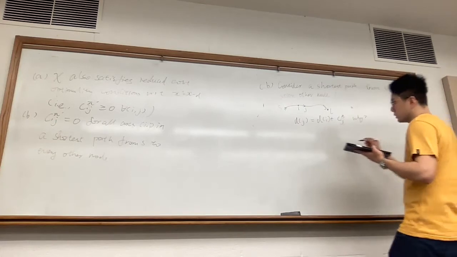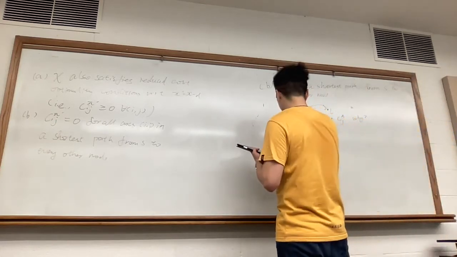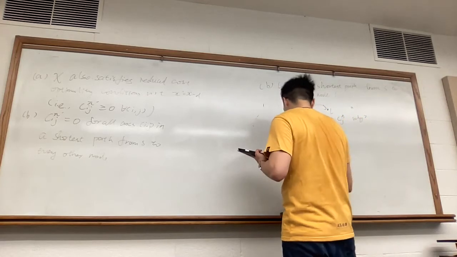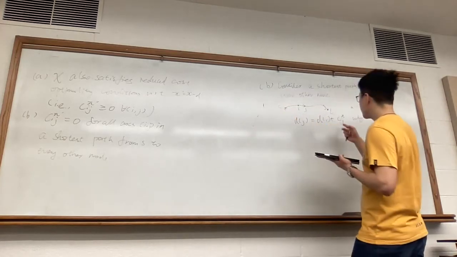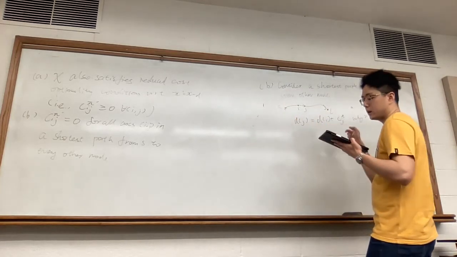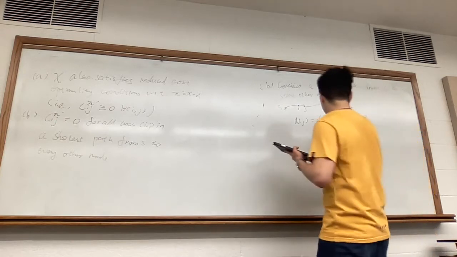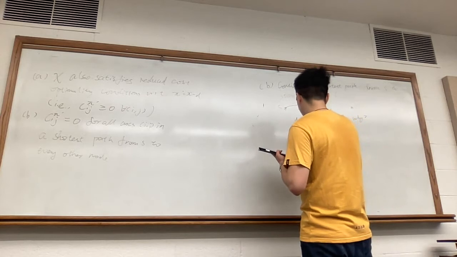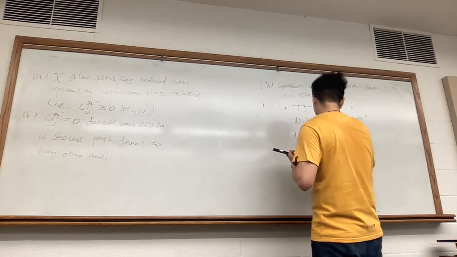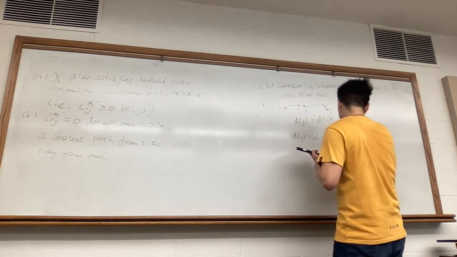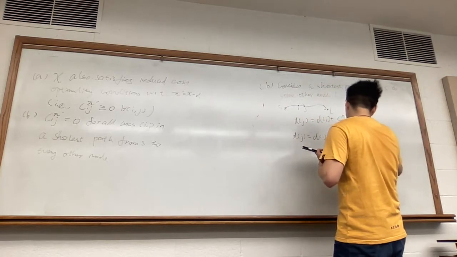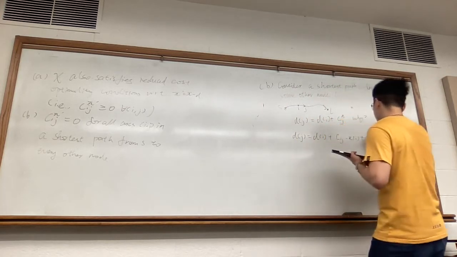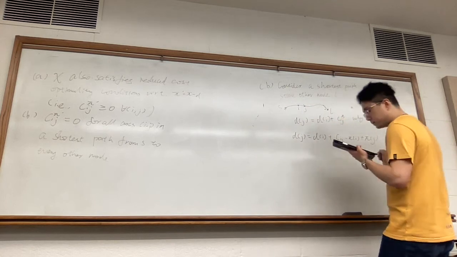Then we know that Cij pi is just Cij minus pi I plus pi j. So if we replace this Cij pi by this, we must have dj equals di plus Cij minus pi I plus pi j.